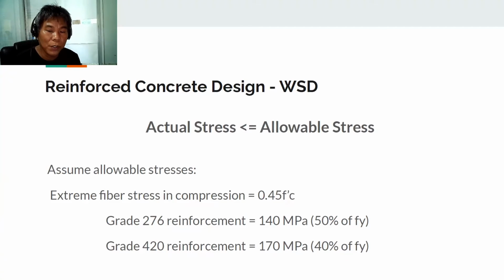For the reinforcement, grade 70, 276 reinforcement, the allowable stress is 50% of the tensile strength. That's 140 megapascal. And also for grade 420 reinforcement, the allowable stress is only 40% of Fy. That's 170 megapascal.